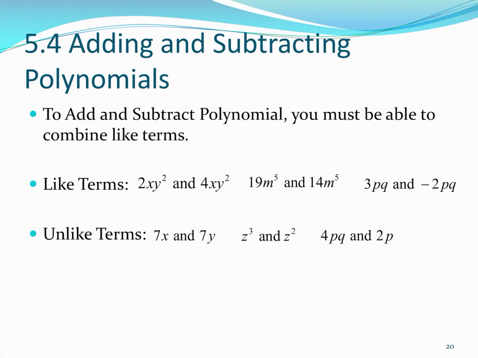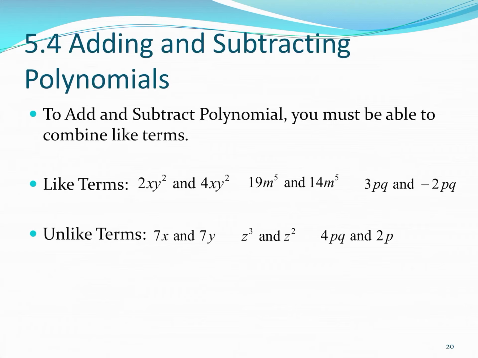What is different about this section, though, is that we now have multiple variables, and those variables may have exponents. And so before we can try to add or subtract polynomials, we have to understand what it means to combine like terms. And so some examples of like terms you can see listed on the screen.